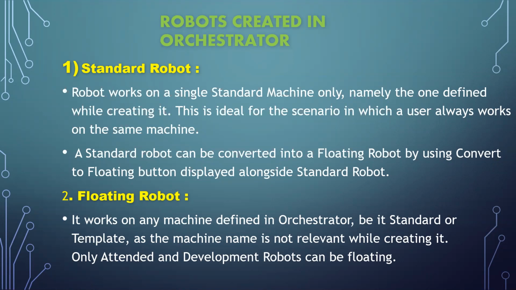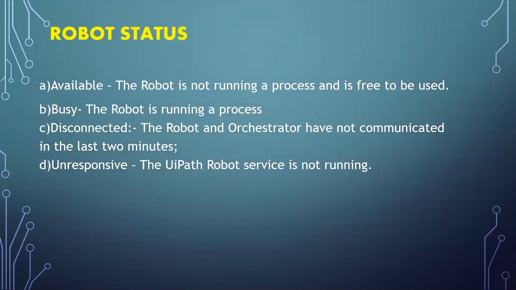Then what are the statuses of the robots? These are the statuses: available, busy, disconnected, and unresponsive. Available means the robot is not currently running any process and it is free to be used. Busy means the robot is running a process. Disconnected means the robot and the Orchestrator have not communicated in the last few minutes.